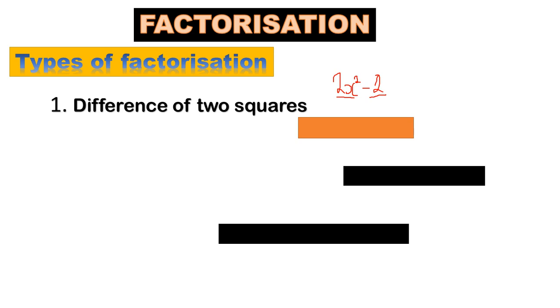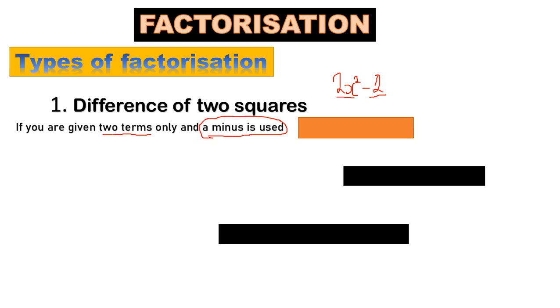So one thing you need is to be given two terms, and again a minus is needed. If you've been given a plus, just know that that is not a difference of two squares. You need to have a minus. So always in your question you are given a minus and also the two terms.